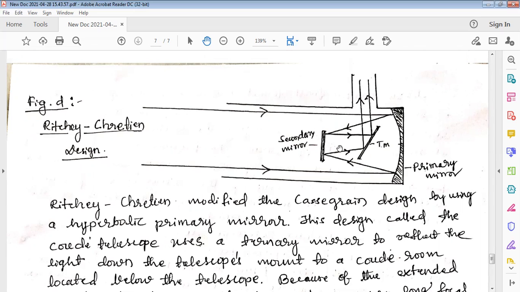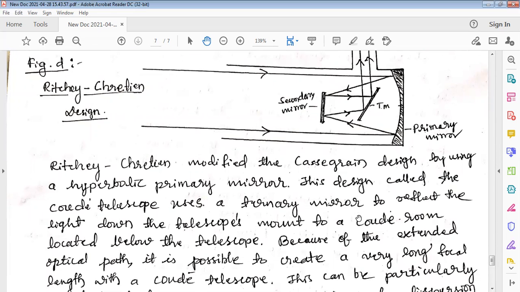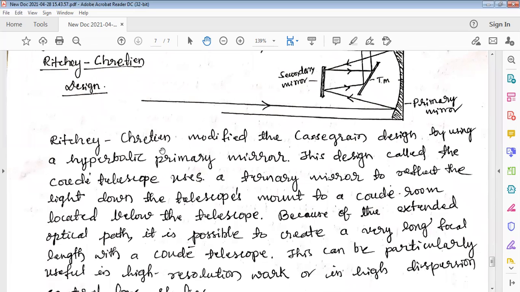These rays, after reflecting from the secondary mirror, fall on the third mirror or tertiary mirror, and after reflecting from this third mirror, they go straight in this direction. So this is the Ritchey-Chrétien modified design. Ritchey-Chrétien modified the Cassegrain design by using a hyperbolic primary mirror. So another change: earlier it was parabolic, now it is a hyperbolic type of mirror.